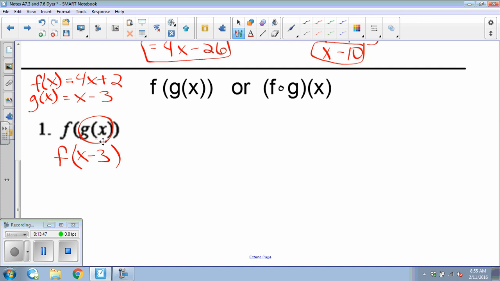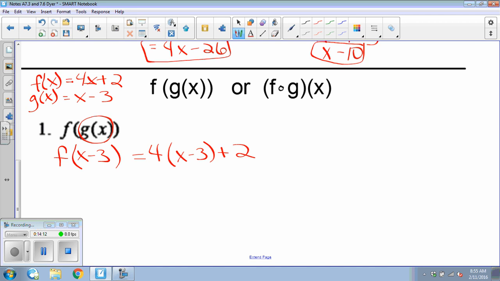So you take g of x and you plug it in right here, and in the f function, you change x to x minus 3. So that's 4 times x minus 3 plus 2.